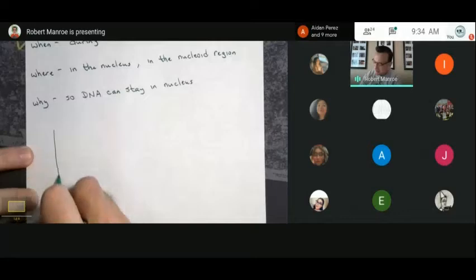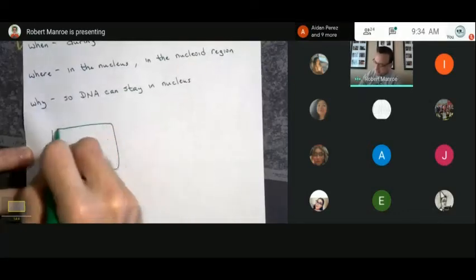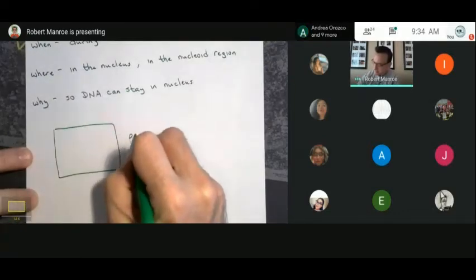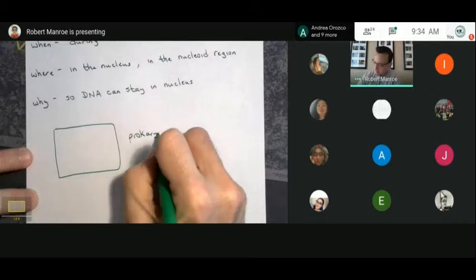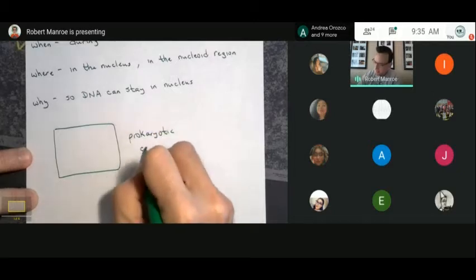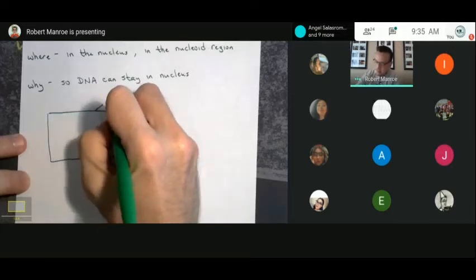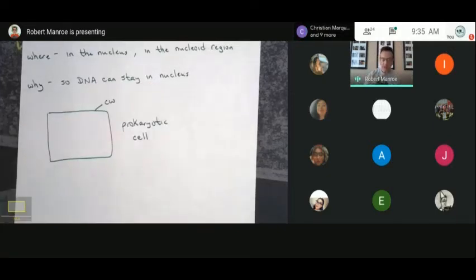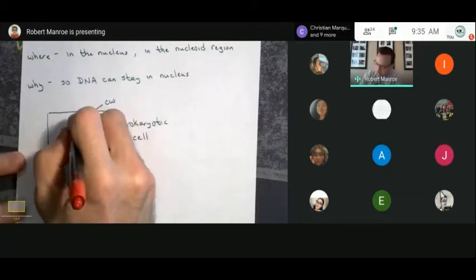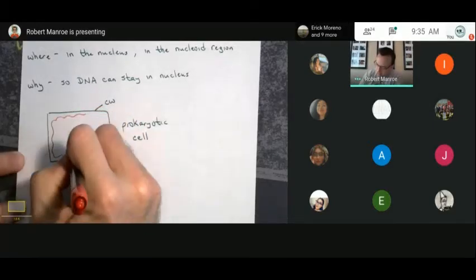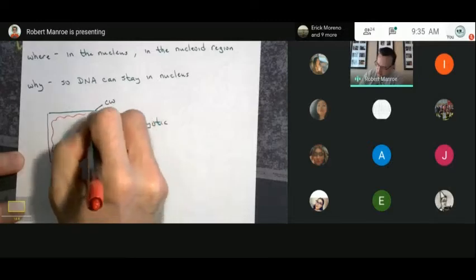Okay, so when we talk about the nucleoid region, I want you to be comfortable here. You have a prokaryotic cell. You have the cell wall, then you have the plasma membrane inside.